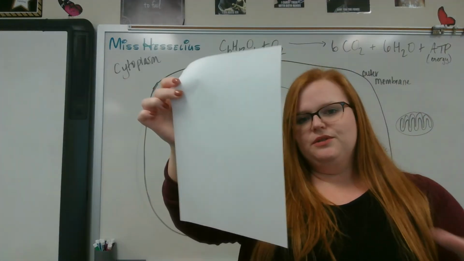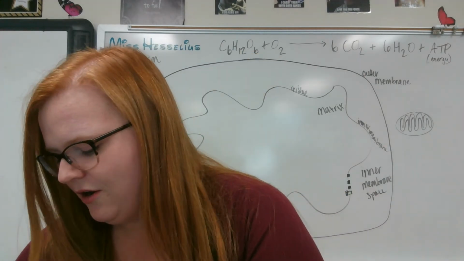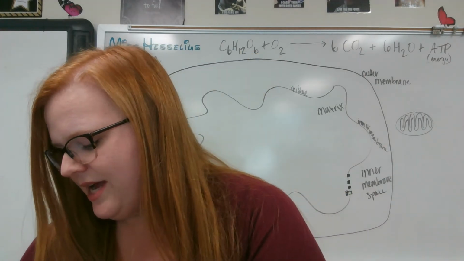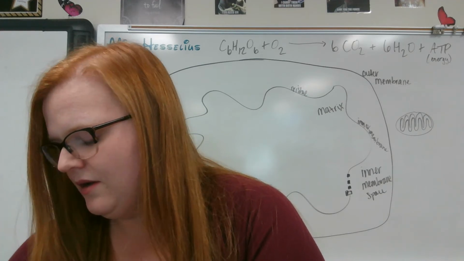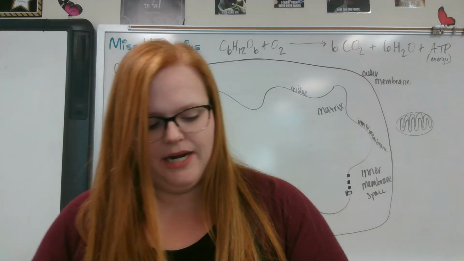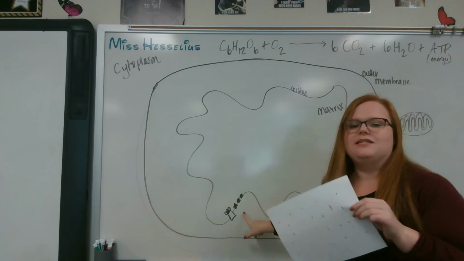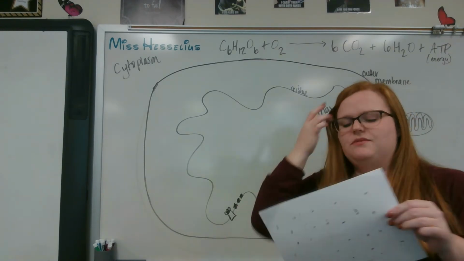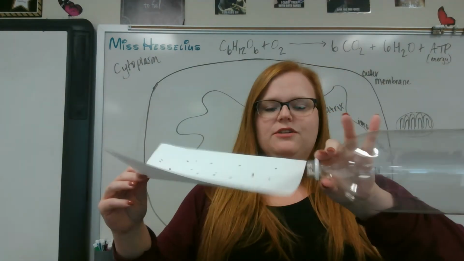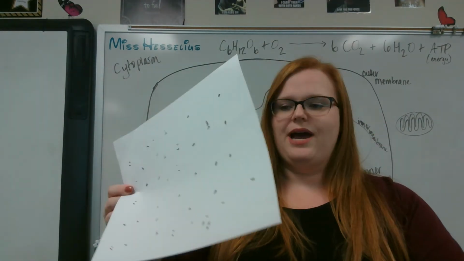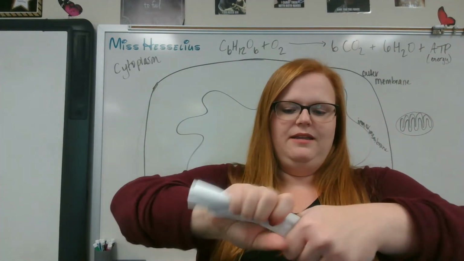First off, I'm going to put a bunch of dots on here, all the different places where this chemical reaction is happening on this membrane inside the mitochondria. All of these little black dots I drew are these little ATP synthase enzymes. If I need this to fit into my mitochondria, there's no way to get it in this way. The way you have to put it in is to wrinkle it up, fold it up like this.